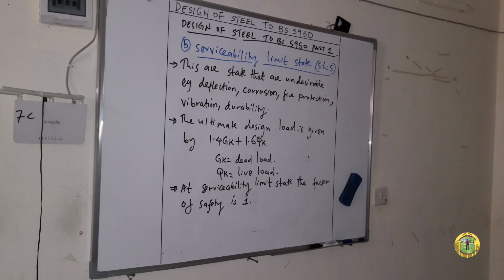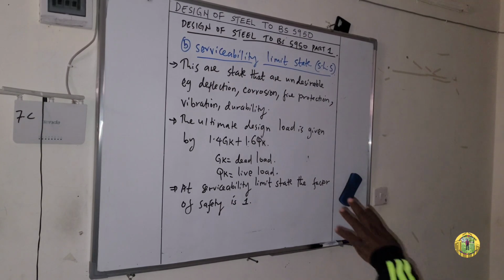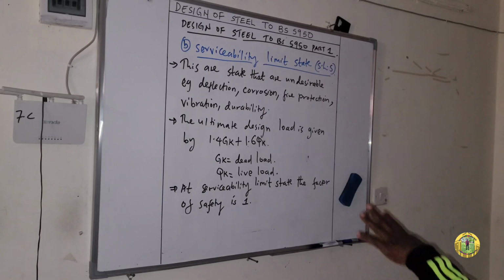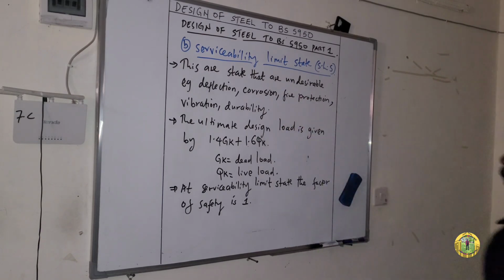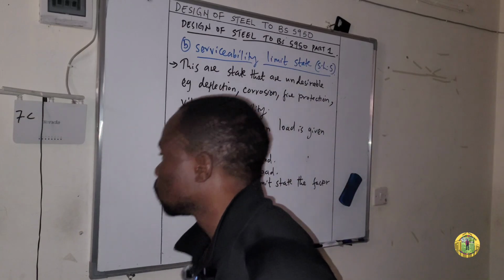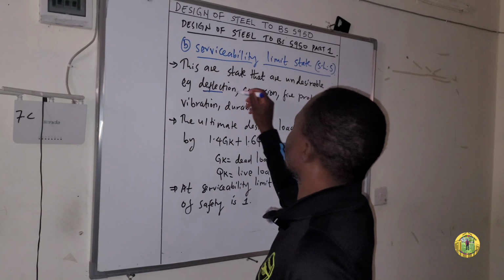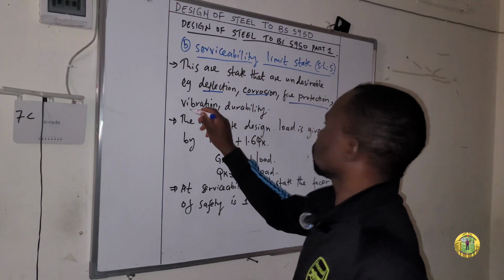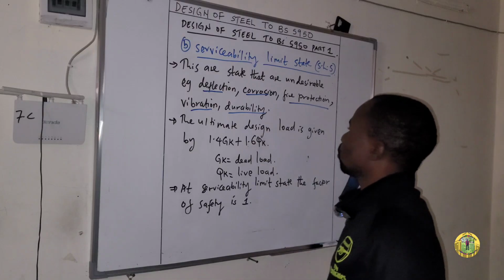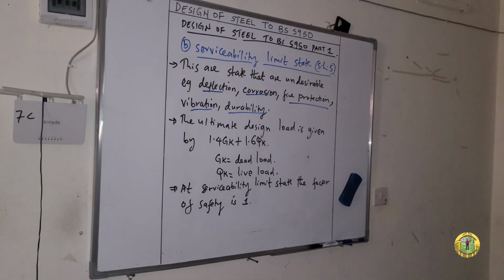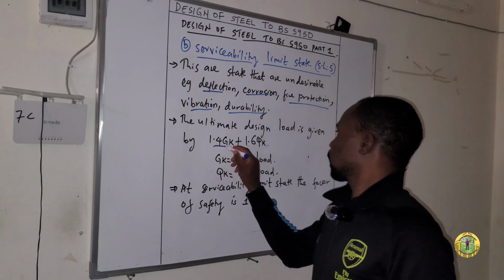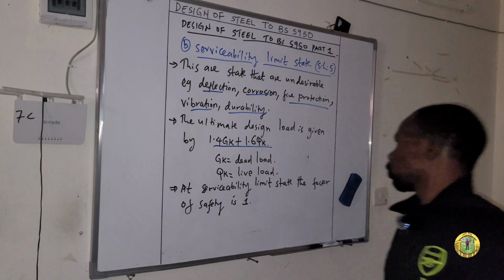So let's now talk about the serviceability limit state, or SLS. These are states that are undesirable. Examples are deflection, corrosion, fire protection, vibration, and durability. The ultimate design load is given by 1.4 GK plus 1.6 QK.